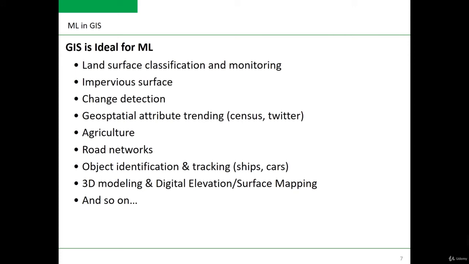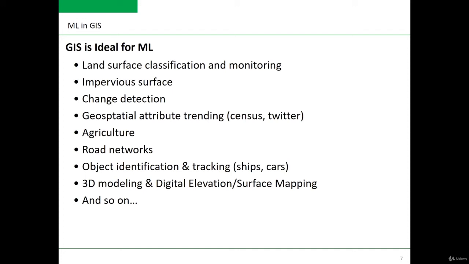On this slide, you can see more examples of applications of machine learning and deep learning in GIS-assisted analysis. Namely, we can use machine learning in GIS to solve the following tasks. We can use it for land surface classification, for land use classification, and monitoring the changes.